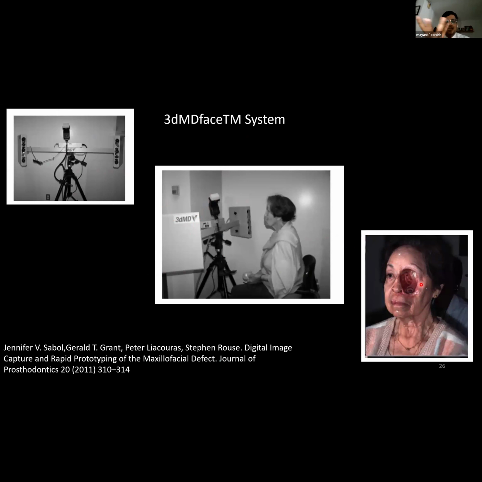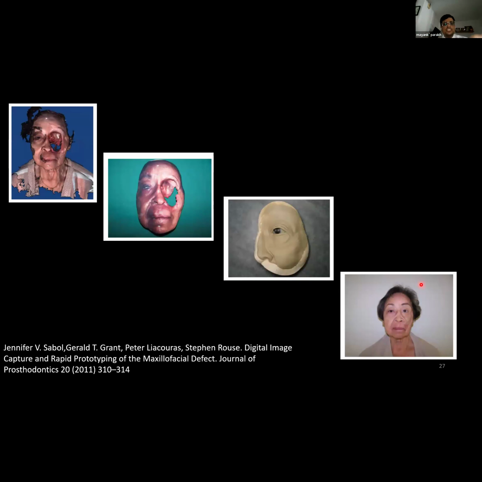These cameras capture the entire facial alignment and the facial morphological features of the patient at varied angulations. Then a cone beam computed tomography is done additionally, and both of them are overlapped one on each other, and then such images are formed. A 3D printed model is formed, and then a prosthesis out of various silicon materials is made for the patient. And this is how the final outcome can be.